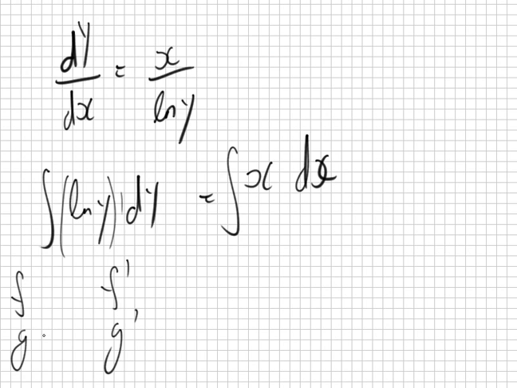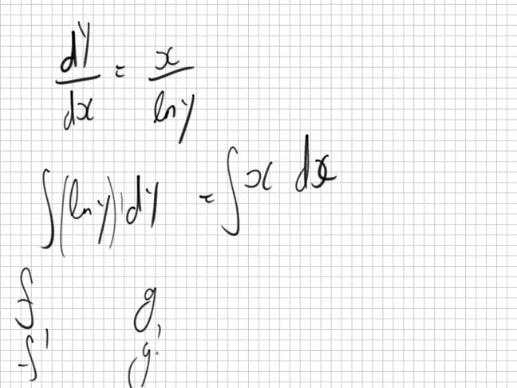So, that's wrong. F derivative, G derivative. So that's log y. So that's 1 over y. That's 1, so that's y. So the rule is fg.